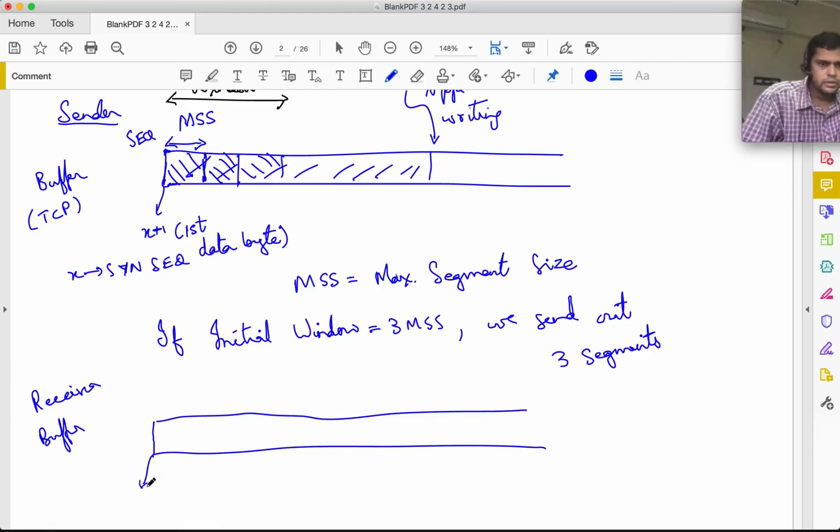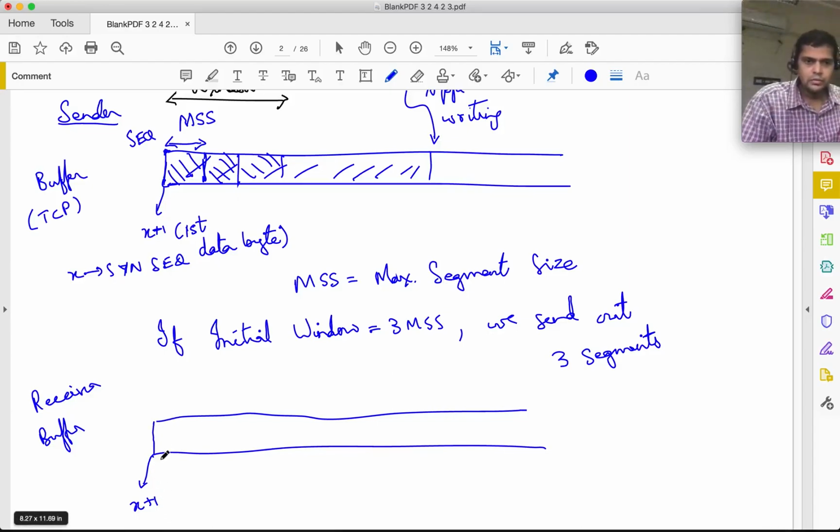So here the sequence number is x plus 1. We are assuming that the sender is sending this data to the receiver. Of course, it's a full duplex connection, so the receiver could have its own buffer, and this node could be the sender sending over here. So we are ignoring that. We're just looking at the one-way data transmission.